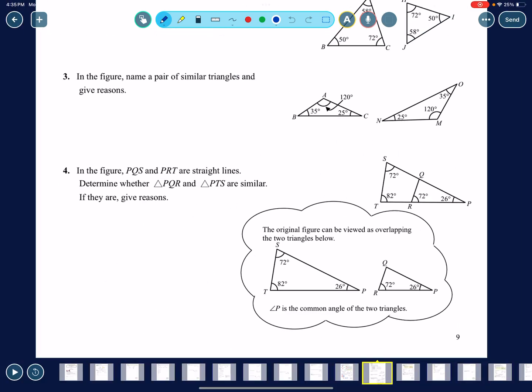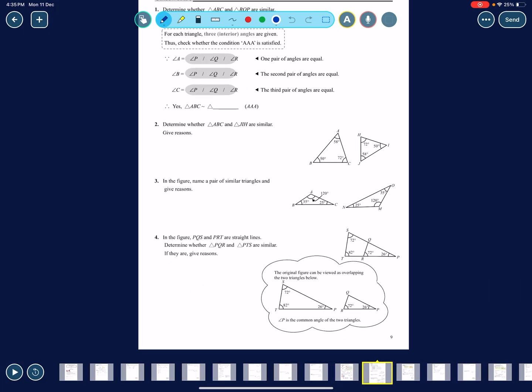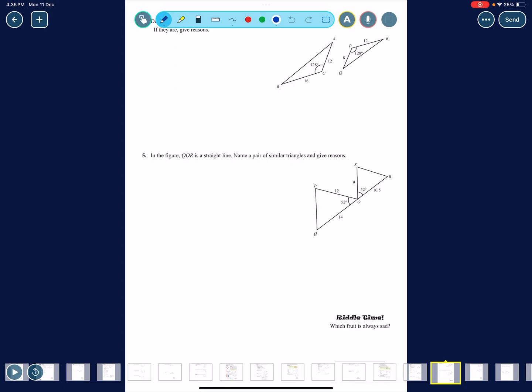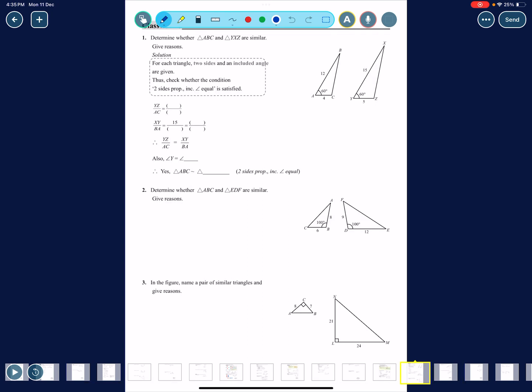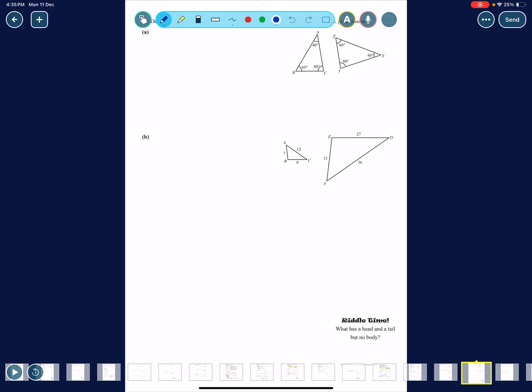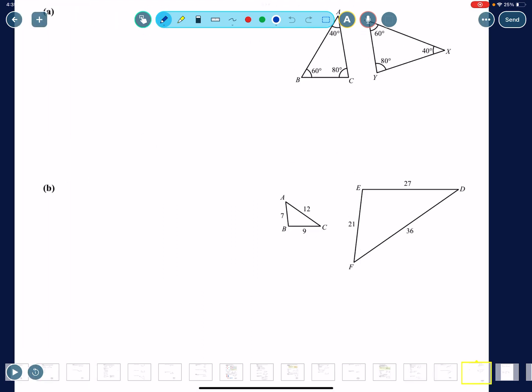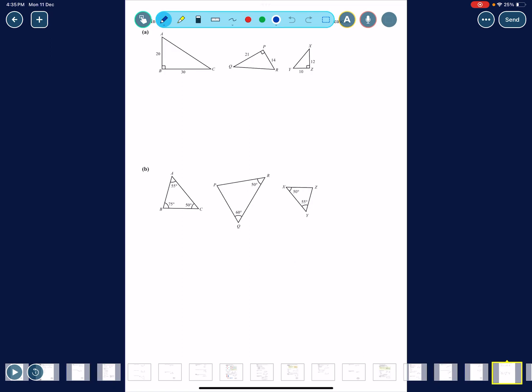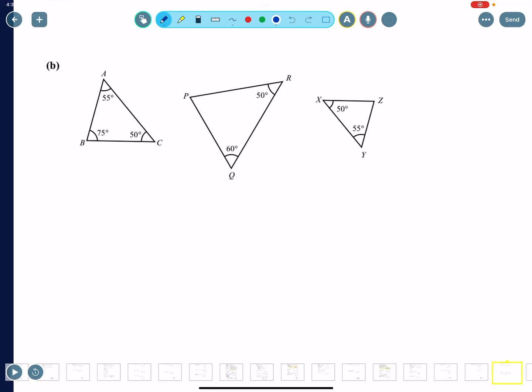Next question. Okay, let's try this one.